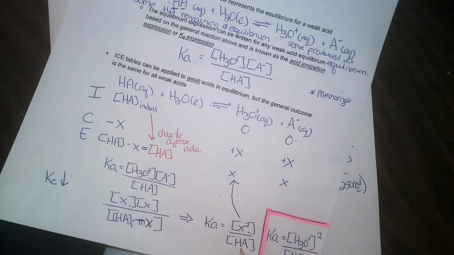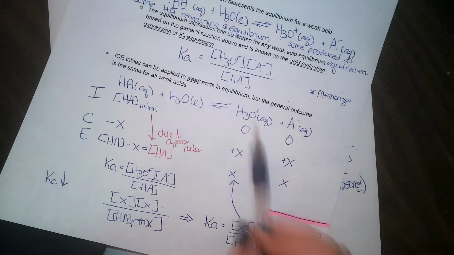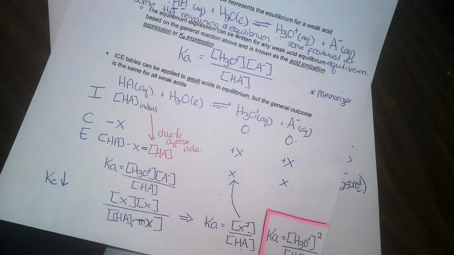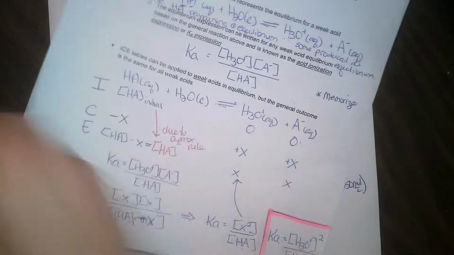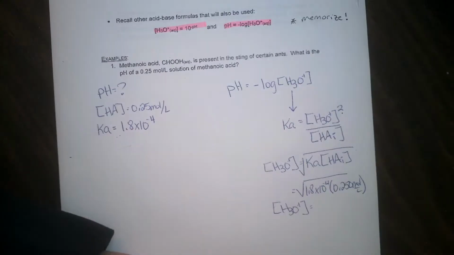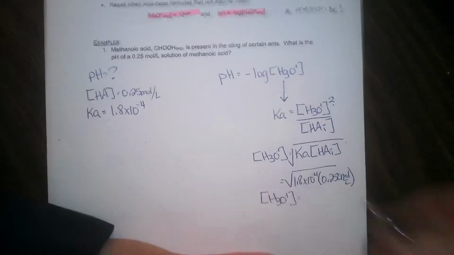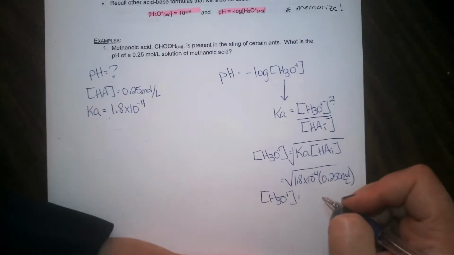So X squared over HA. So hydronium ion squared, because that's what we're actually measuring. That's what we actually need. It'll click. Work through it. It'll click. What do we get for a concentration for hydronium ion?